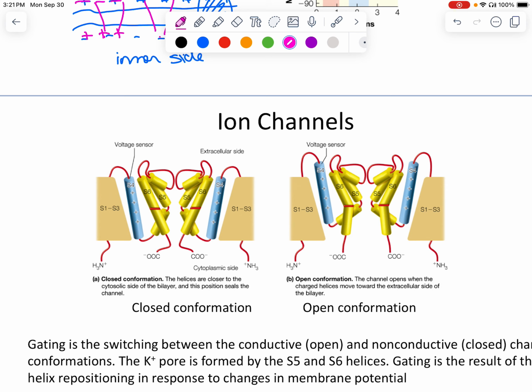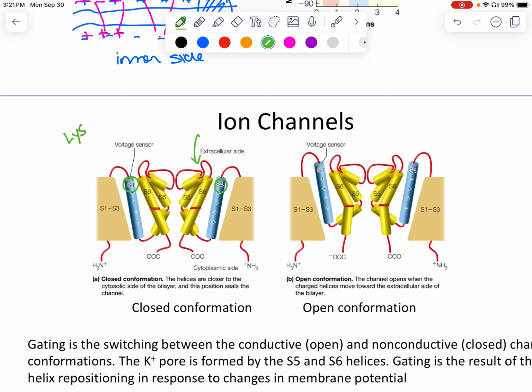This channel has all these alpha helices. It's actually dimers, so the left and the right side are the same. I really want to highlight that the alpha helices we've labeled with 4 are positively charged, and they're positively charged because they are mostly lysine. And so that primary structure is mattering here because now we have these positively charged side chains.